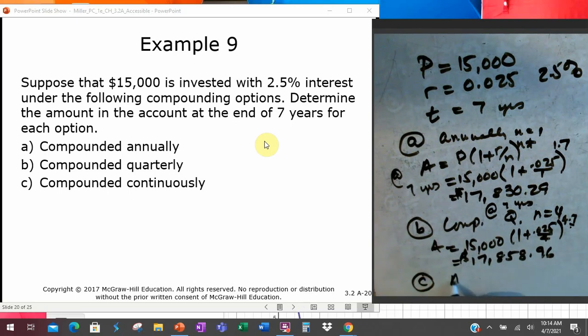Now, if I'm doing continuous, this is my original 15,000 times e to the 0.025 times 7 on my calculator.